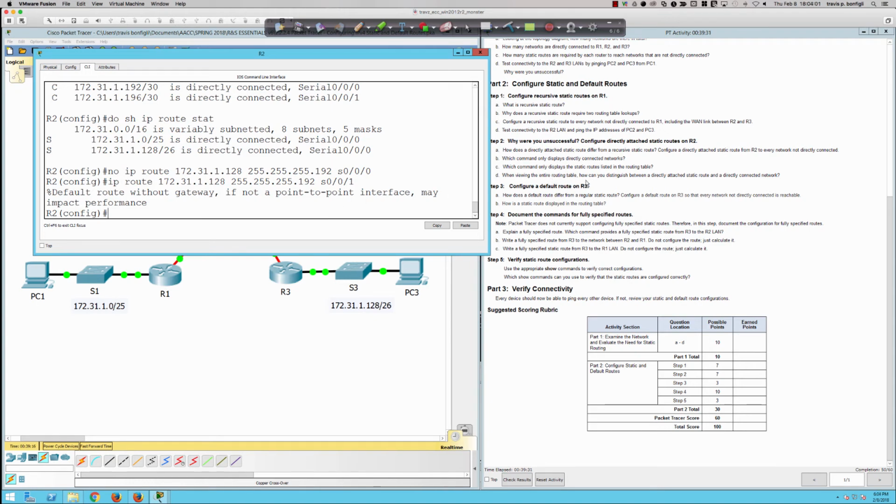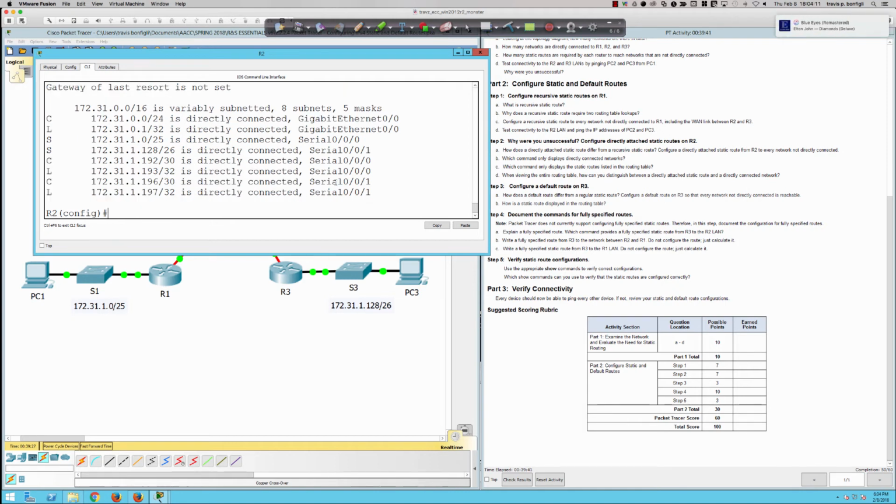And when viewing the entire routing table, how can you distinguish between a directly attached static route and a directly connected network? Well, let's take a look. Do show IP route. So, a directly attached static route is here.